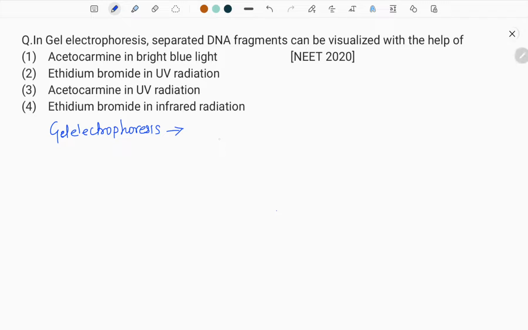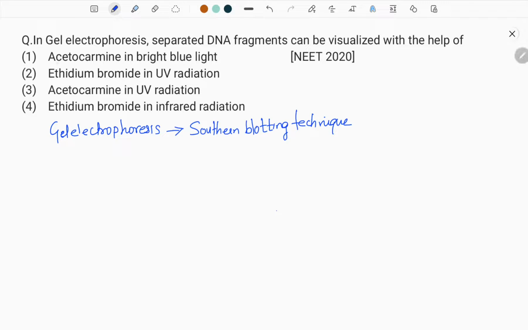It is discovered by Dr. E.M. Southern, so it is also called Southern blotting technique. In this technique, DNA fragments will migrate towards the anode, that is positive electrode.